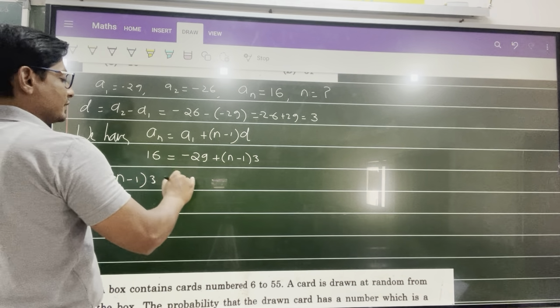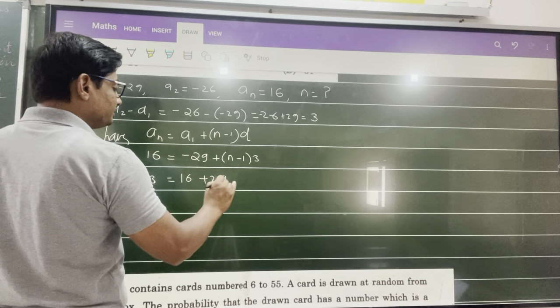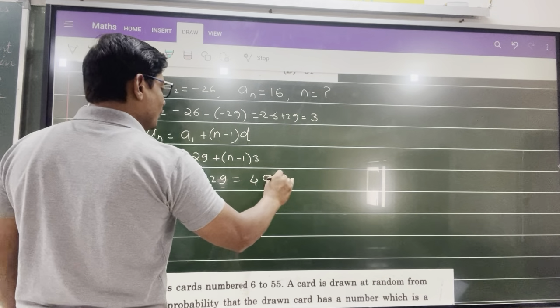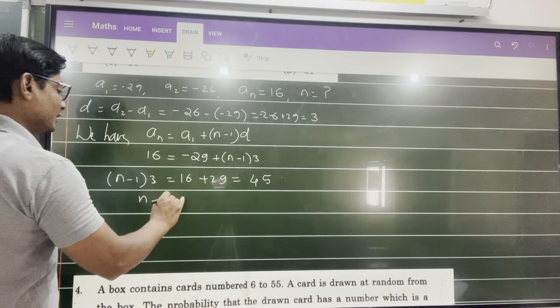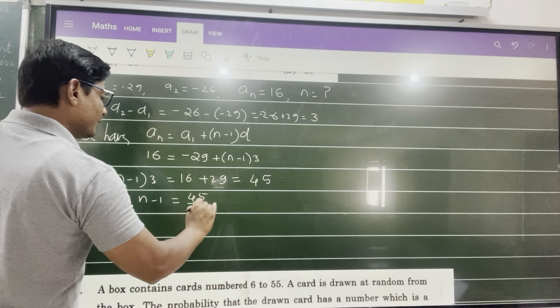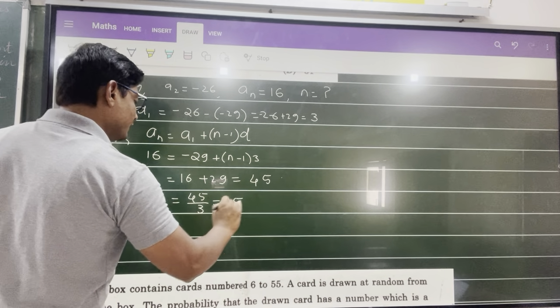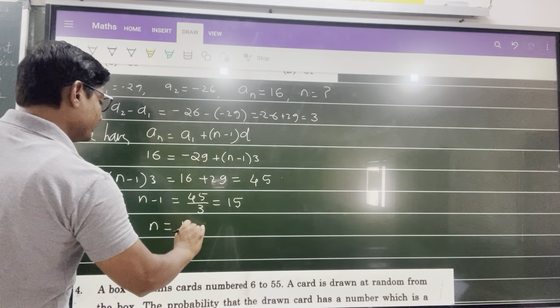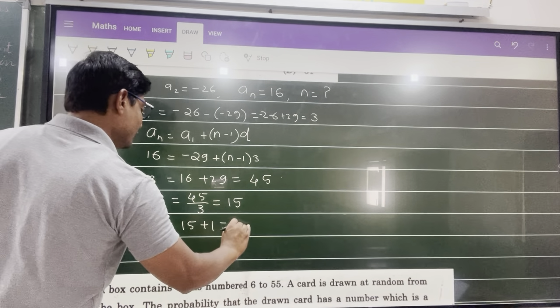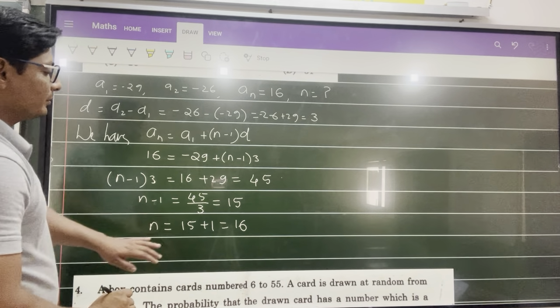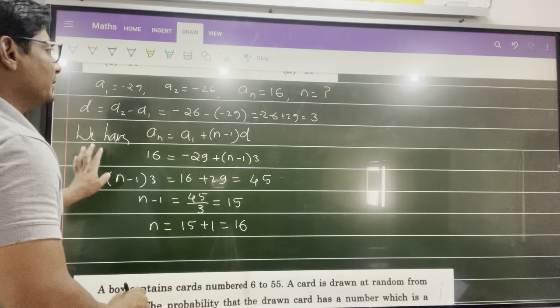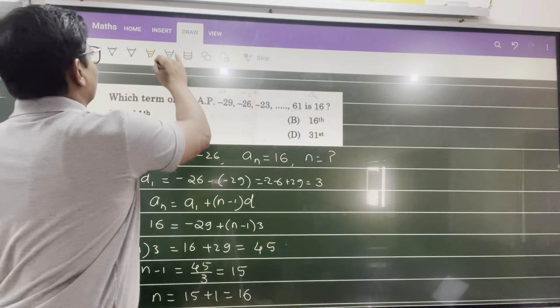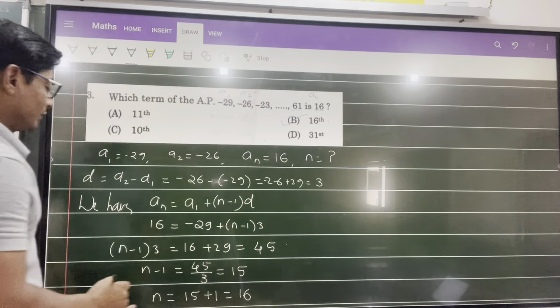Okay, so 16 plus 29 it will become 45. So therefore n minus 1 equals to 45 by 3, which is equals to 15. So therefore n equals to 15 plus 1 equal to 16. So n value is 16, it means it is the 16th term. So again here the option B is the correct option.